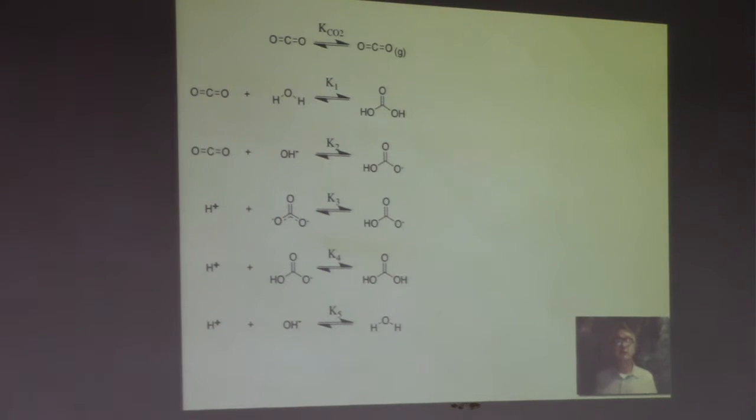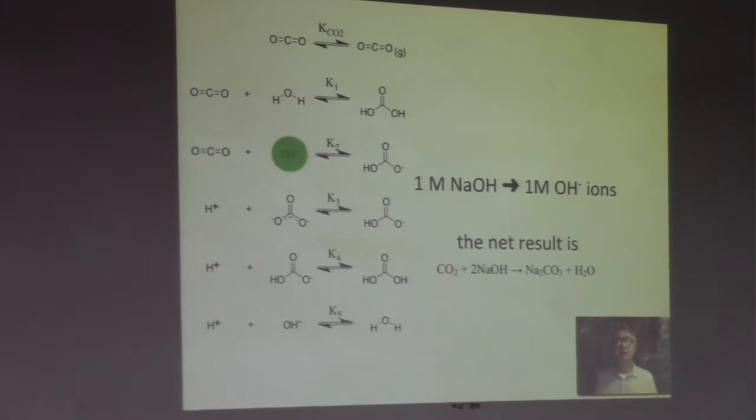Let's examine for a minute what would happen if we increased the amount of hydroxide ion in the water solution, driving this equilibrium constant to favor the dissolution or the reaction of CO2 in water to this bicarbonate ion. One way to increase the concentration of CO2 in water is, of course, to add sodium hydroxide.